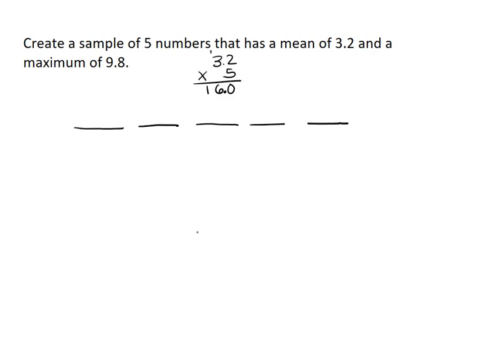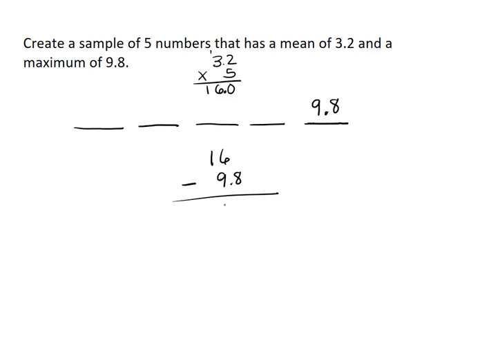Now, the other requirement is that the maximum number is 9.8. So if I know that one of them has to be 9.8, I'm going to just take that number away from 16. So I start with the total number of values, the sum of all the entries, and subtract 9.8.